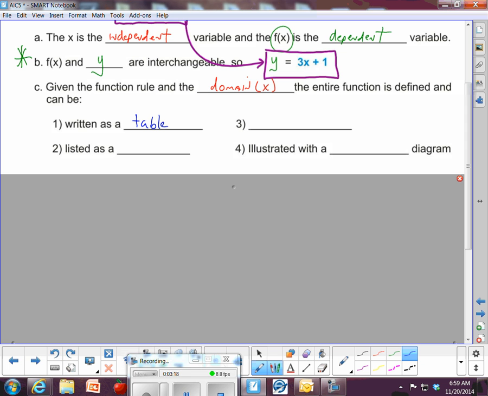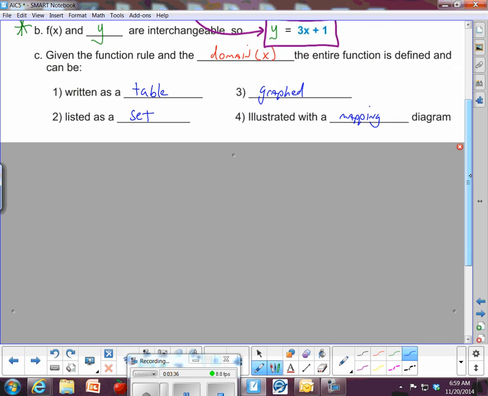I'll show you that in a minute. Number 2, it can be listed as a set. We've done that before. Number 3, it can be graphed. We've done that already. And number 4, it can be illustrated with a mapping diagram. We've done that already. That's just the reality: there are 4 different ways we can represent a function and its rule given a set domain.